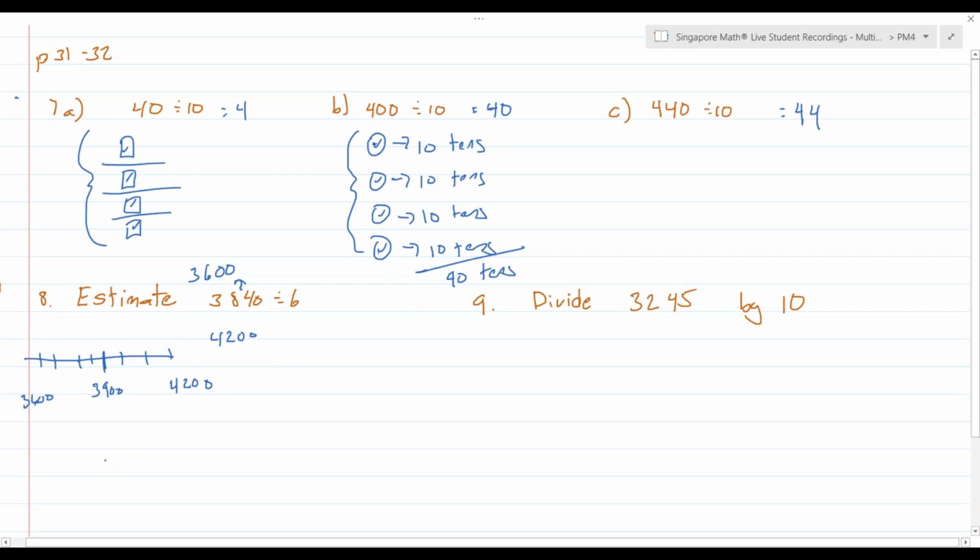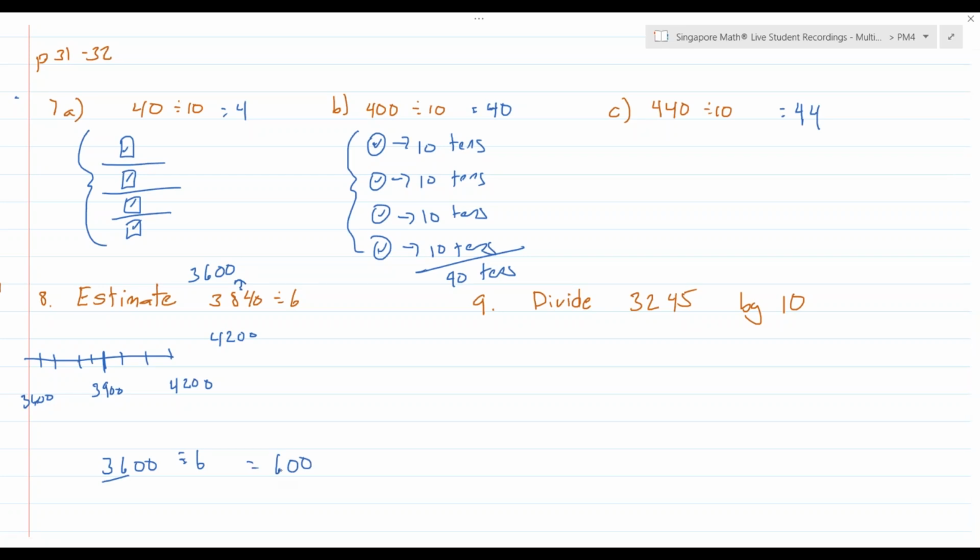So when I do the estimate, I'm just going to think of 3600 divided by 6. 3600 divided by 6 is 600, and that would be the best estimate for 3840 divided by 6. That would be how I would estimate that.